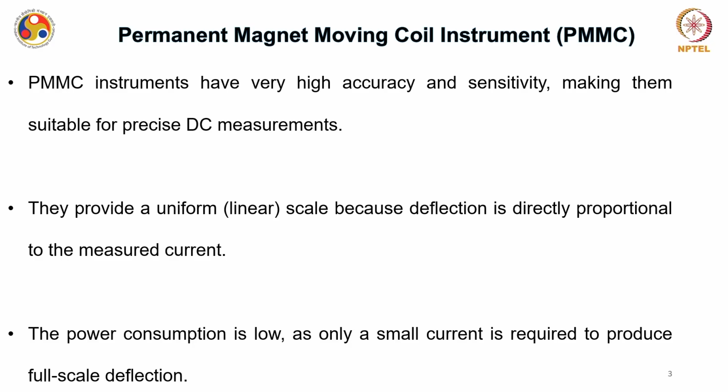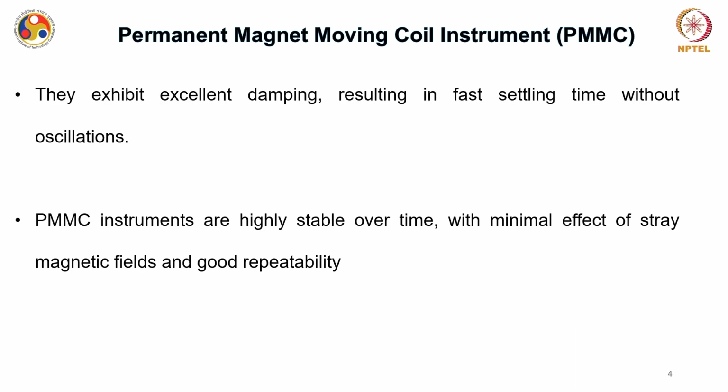The power consumption in these devices is very low, and only a small current is drawn to produce even a full scale deflection. They have a very good damping approach, so they exhibit excellent damping. Therefore, you have a fast result. Because the settling time is very fast, there is very little oscillation, or none at all.